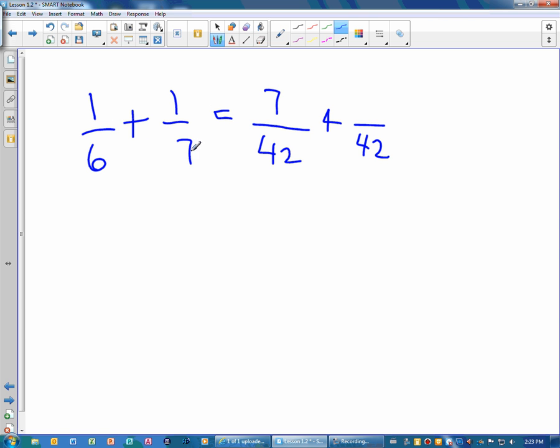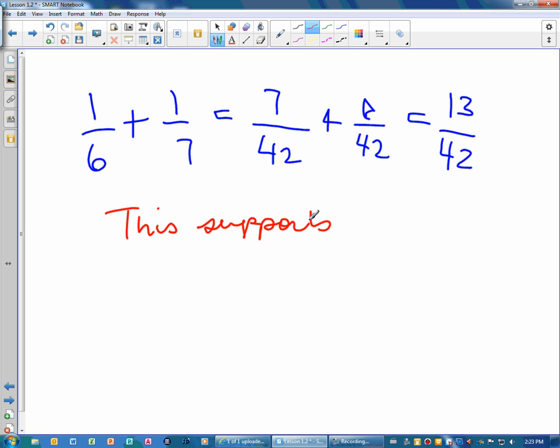We would multiply this by 6, so the top becomes 6. So we have 13 over 42. Does that support my conjecture? The top is the sum of my denominators? Absolutely. My denominator is the product of my denominators? Absolutely again. So I could say that this supports my conjecture.